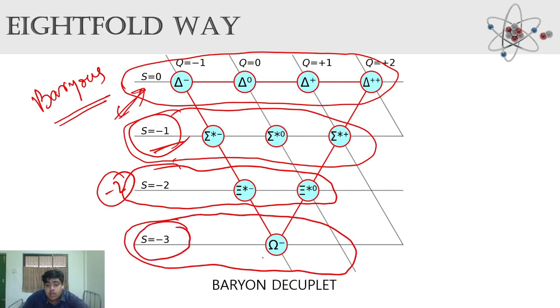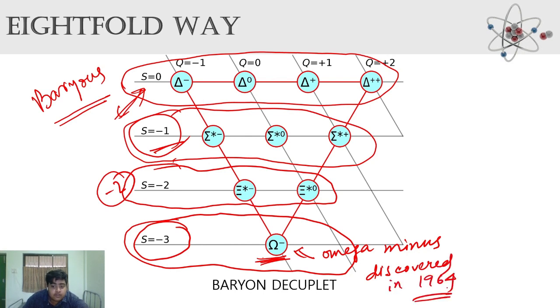Can you recognize this element? It's the omega minus, discovered in 1964. Yeah, we read about it in the history of particle physics. Now, this is the baryon decuplet, since we are dealing with 10 particles.